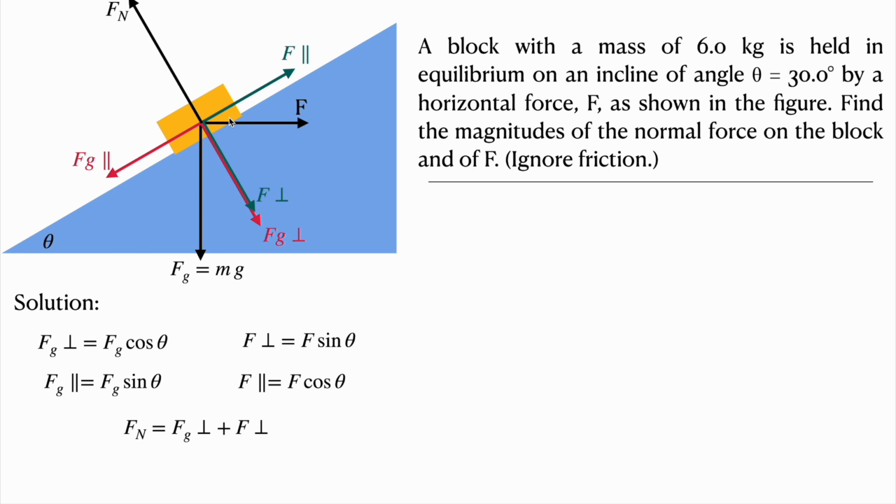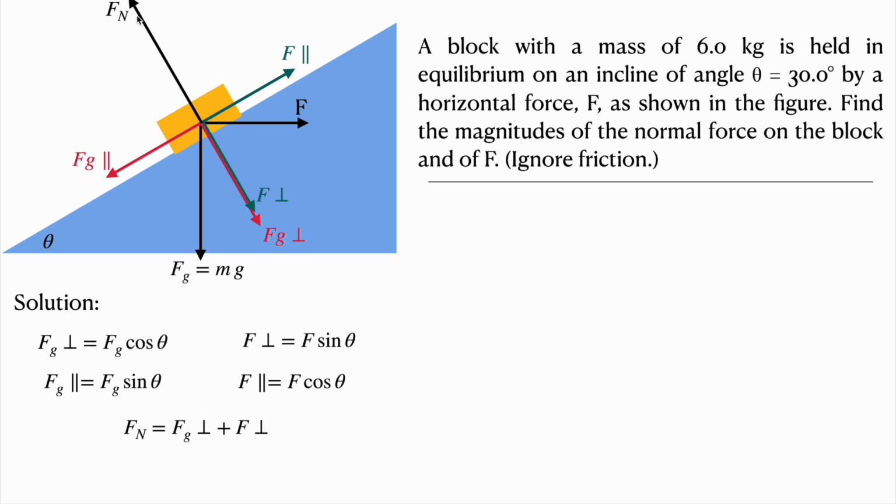Okay, now how do you find F normal? F normal is the force of this surface. So you see you have two forces acting on this surface. If they are added together, then you get a value, and that value is going to be F normal.